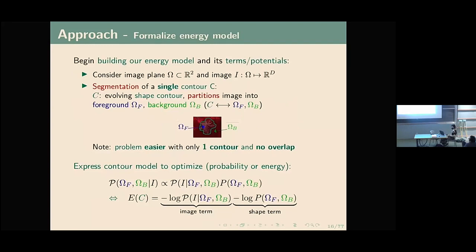The shape and image terms can be thought of as models of our prior knowledge about the geometric properties of our target shapes, as well as the appearance in terms of pixel colors within the image. So that's these terms here. But remember, we only have one contour, so things are simple at this point.